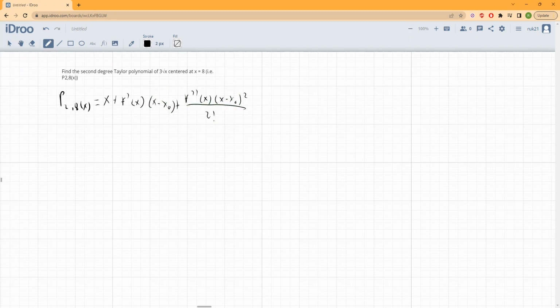And that's just if we're going for the second degree. If we would go for the third, that pattern would continue.